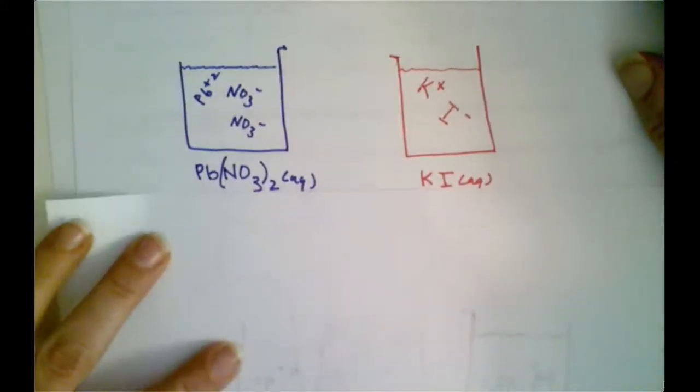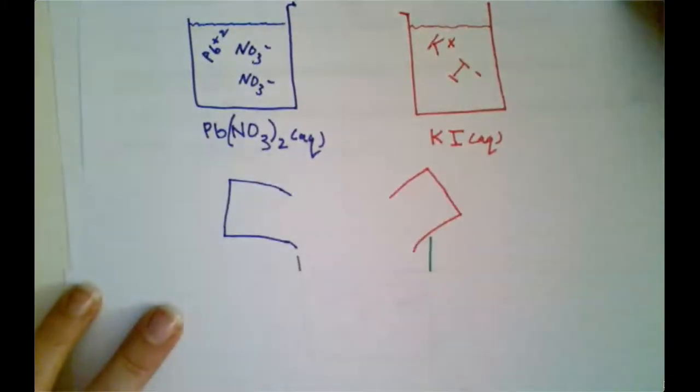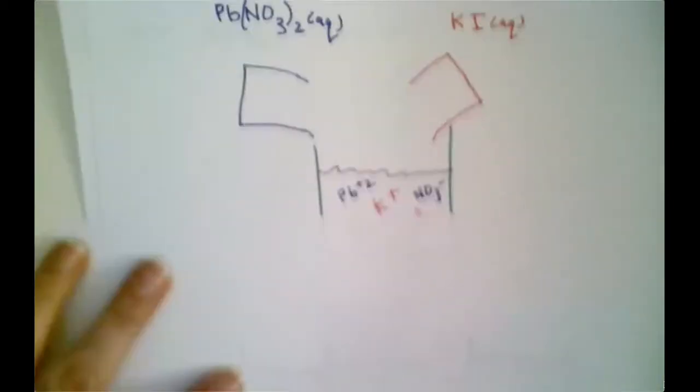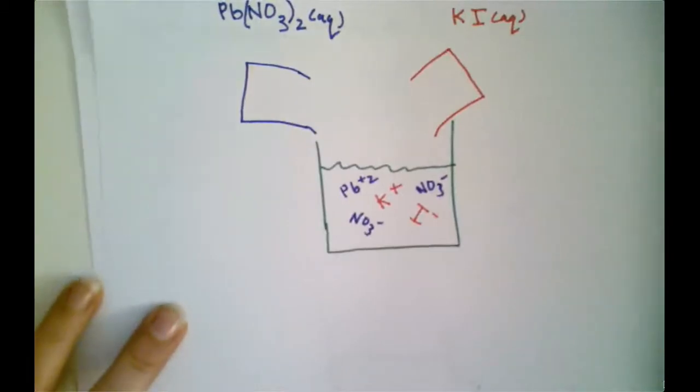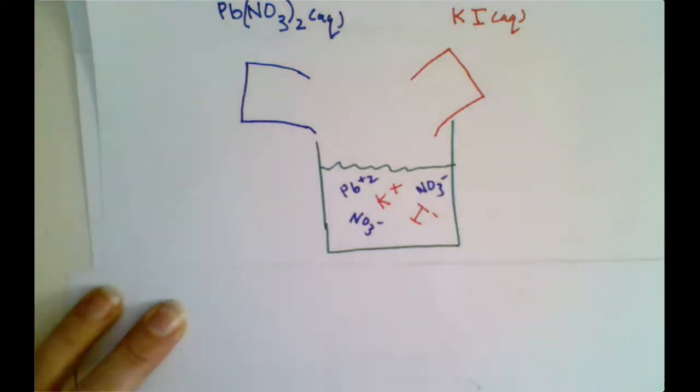So if we were to add those ions together in solution, let's take a look. We now have them all floating around in the same beaker. Well, what's going to happen is some of these ions are going to hook up to form new compounds, as we just saw. Lead 2 nitrate, potassium iodide, we swap partners.